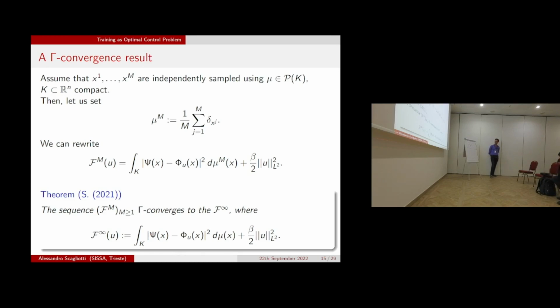Okay, from the analytical point of view, using the L2 norm regularization is very nice, because you can work in a Hilbert space and have a lot of nice properties. But of course, it makes perfect sense to consider other regularization terms. It's something that should be done.